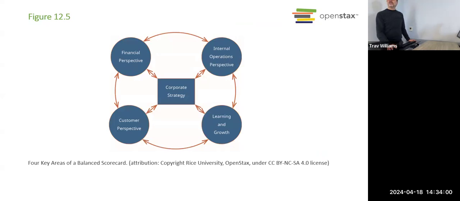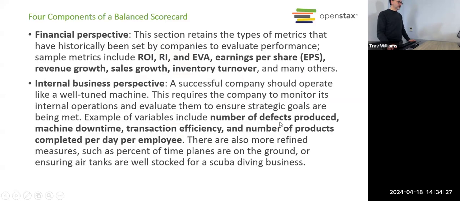Are we getting more efficient and producing better quality products? Are we learning and growing as an organization? And what is the customer perspective? How do they feel about the company and the products? So the balance scorecard assesses all of these. And mostly it's non-financial, maybe even non-quantitative in some cases.